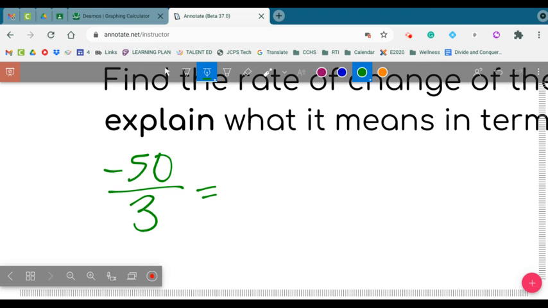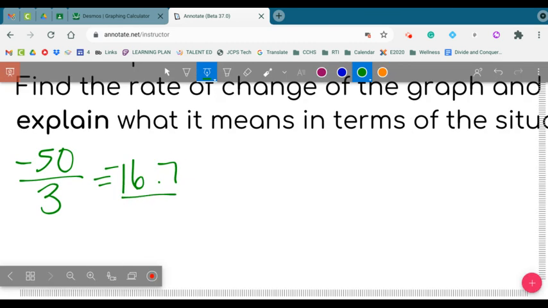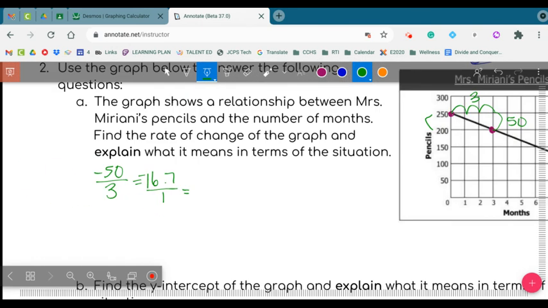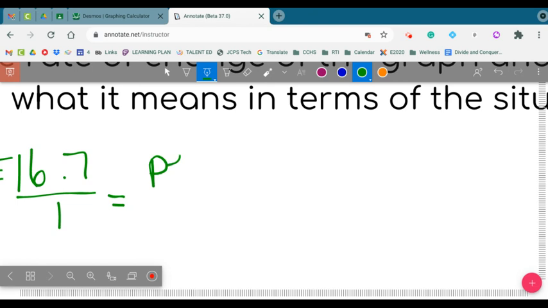We're going to just do 50 divided by 3. It's going to give us 16.7. So this means over 1. If you guys looked at your labels, your y was pencils and your x is months. So this is pencils over months.